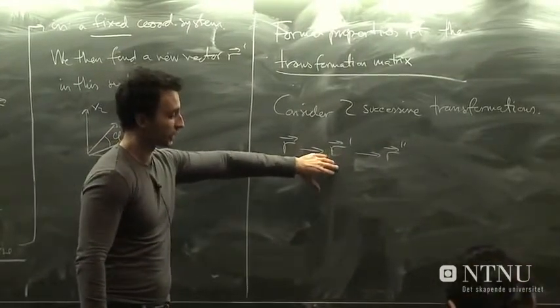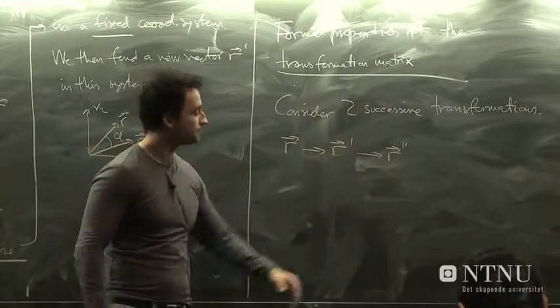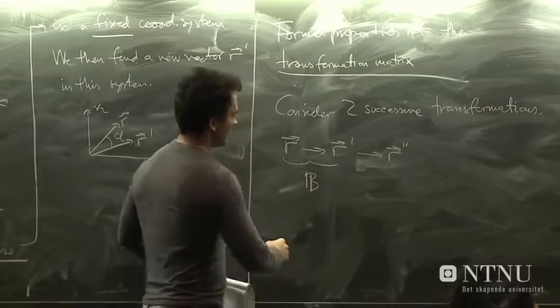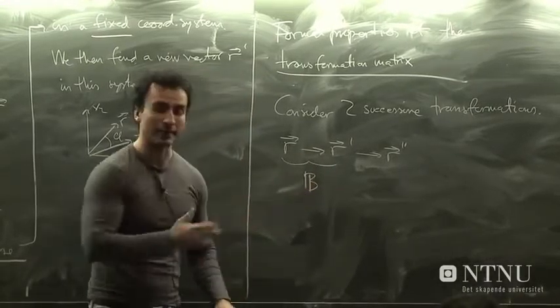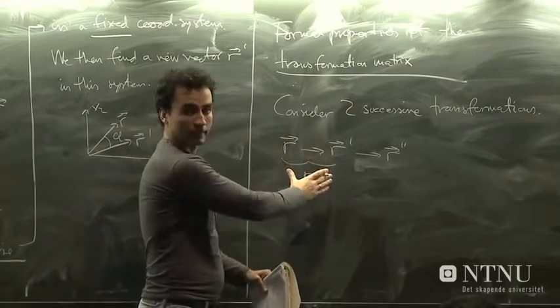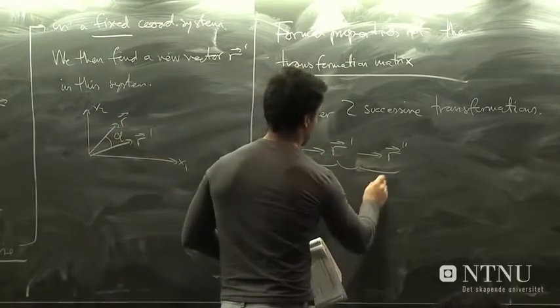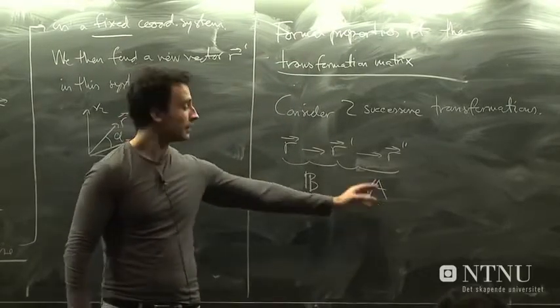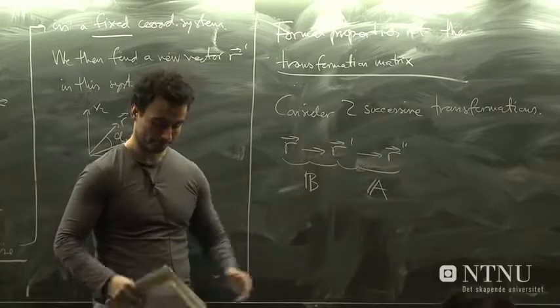And then we transform this vector again to some r double prime. So we can associate a transformation matrix, which we may call B, with this transformation here. And then we associate some transformation matrix A with this transformation here.